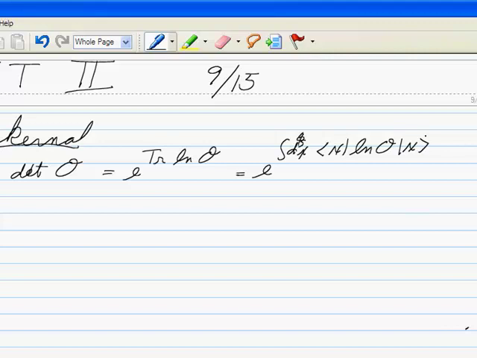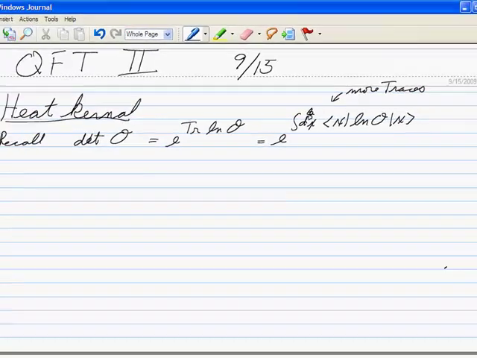Okay, diagonal x. Now there could be more traces. So if you're doing something that has fermions in it or has SU2 matrices or whatever, you trace over everything that is there. But since we just have a scalar field now, there's no more traces. It really means sum over diagonal elements of every quantum number.